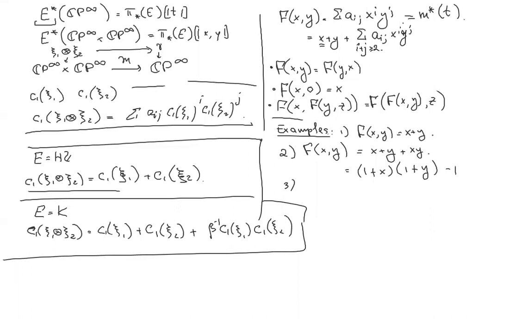So suppose we have some ring R, consider power series over R, and take some element f from here, such that f of 0 is 0, and its first derivative in 0 is a unit in R. Then we can write f of x plus y as follows: f inverse, the formal inverse, of f of x plus f of y.